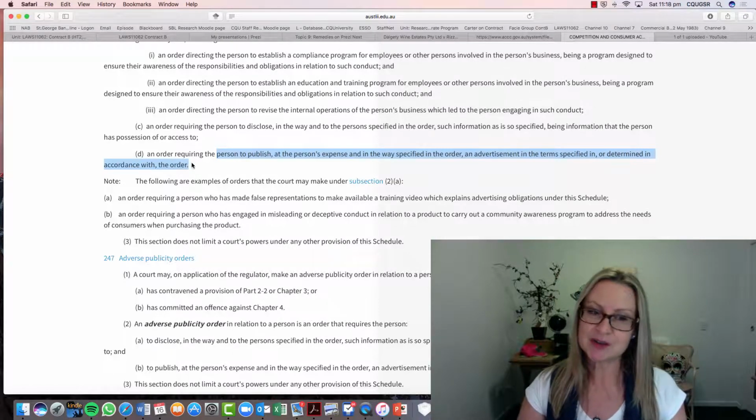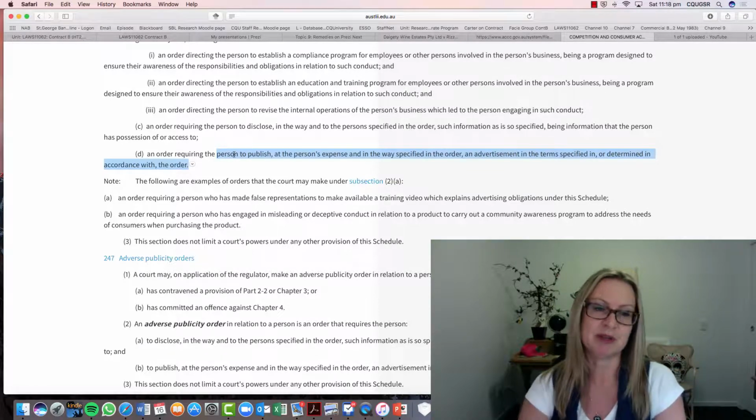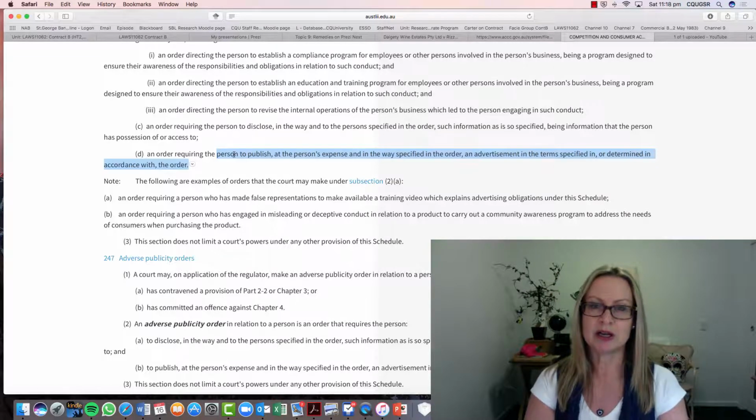This provision is the corrective advertising provision, and it's a very useful little provision where, for example, Coles Bakery got done a couple of years ago for making some misleading or deceptive comments in advertisements. It was required to publish corrective advertisements there.